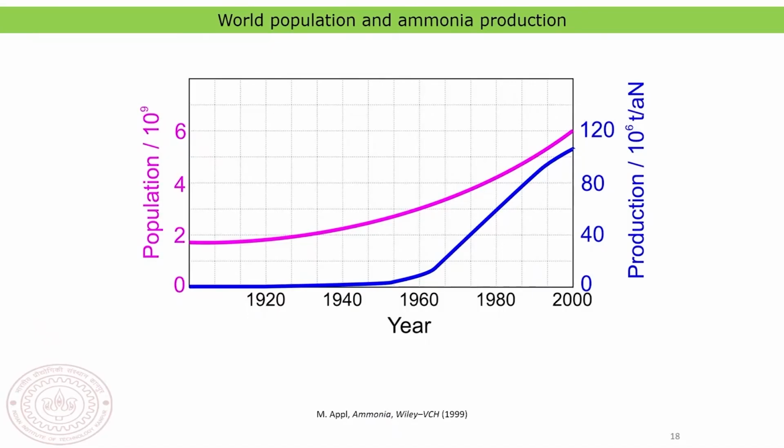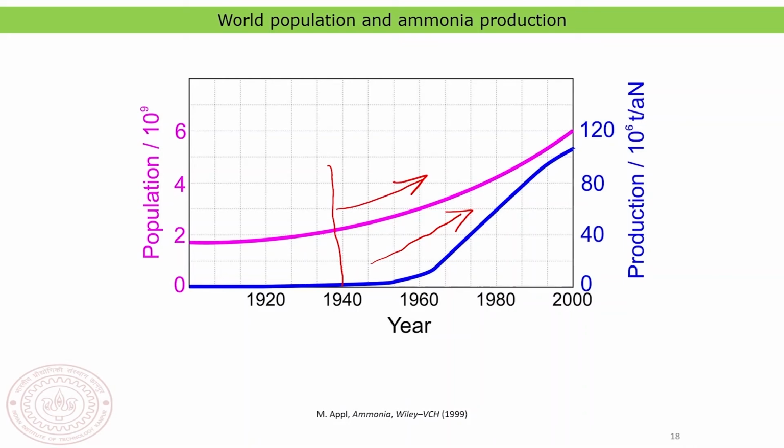One of the important aspects of the Fritz Haber process is the increased production of fertilizers, or that process itself has helped in easing the production of fertilizers. So this shows the increase in the production of fertilizers, and what you also see is a nice correlation of the onset of the human population increase with the production of fertilizers.